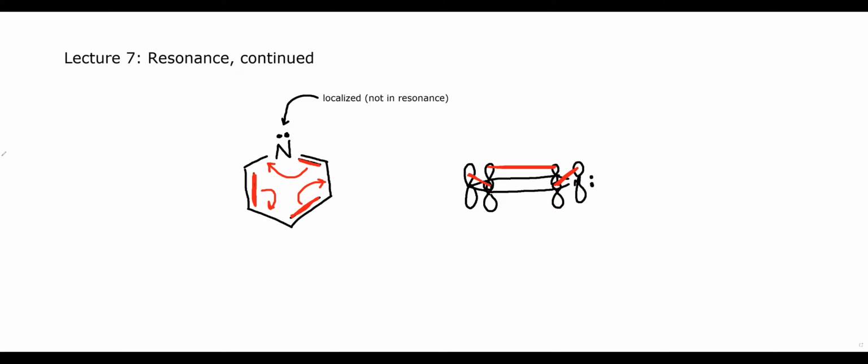So a little rule that we could follow. When an atom has both a pi bond and a lone pair, they will not both participate in resonance. Okay?